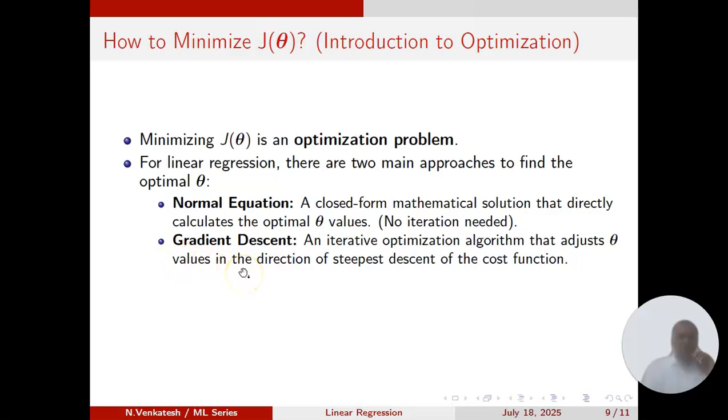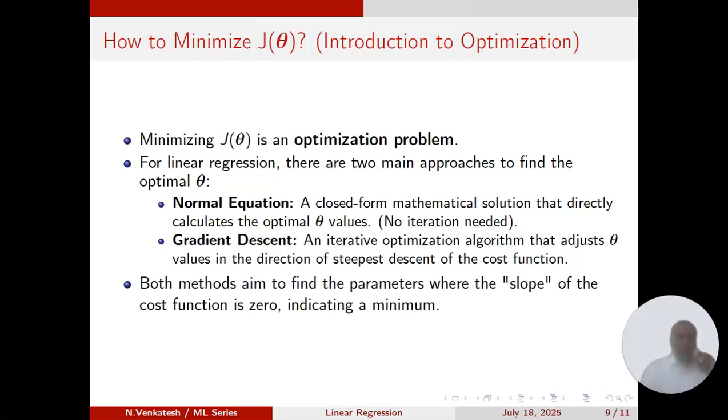This is a very popular and efficient method, which is an iterative optimization algorithm which modifies the theta values, that is theta naught, theta 1 in case of simple regression, in each iteration, such that the cost function is decreased. The thetas are modified in such a way that J of theta is decreased in every iteration, and we will see how it can be done in the next lecture.